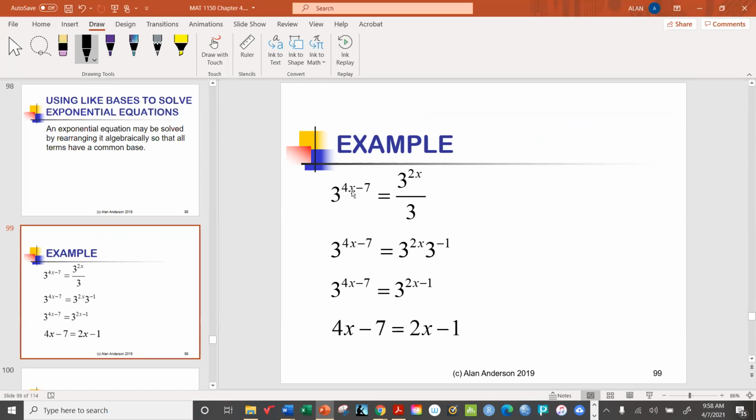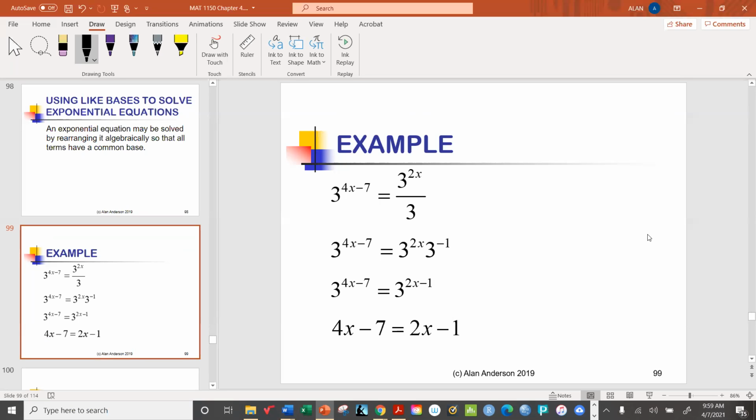And really what it shows you here is that if we use our ingenuity a little bit, we can often take an equation that does not look very promising and turn it into something which is easy to solve. Like, look at this. You might look at it and say, oh boy, what are we supposed to do with this one? But algebraically, you might recall that dividing by 3 is the same thing as multiplying by 3 to the minus 1 power.